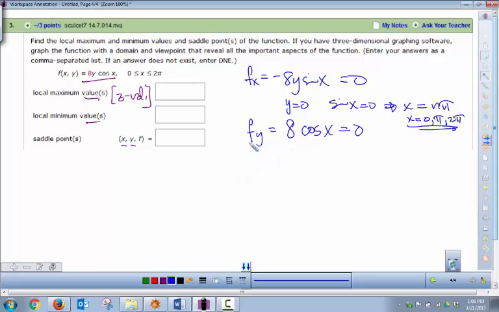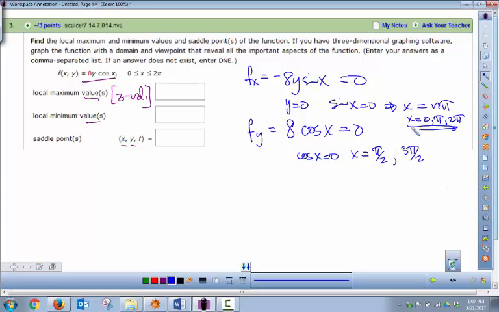And on the other hand, when fy is equal to 0, we have cosine of x is equal to 0, so that's x is equal to pi over 2 and 3 pi over 2. Between 0 and 2 pi, that's the only time it's equal to 0.